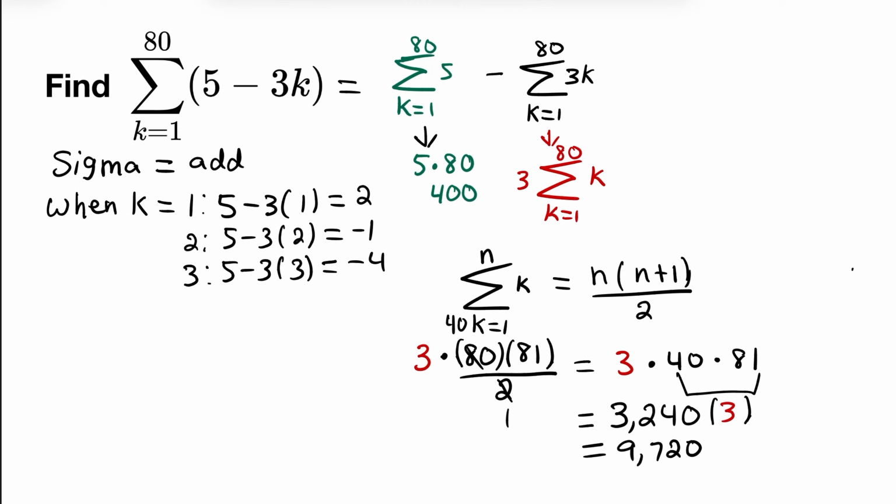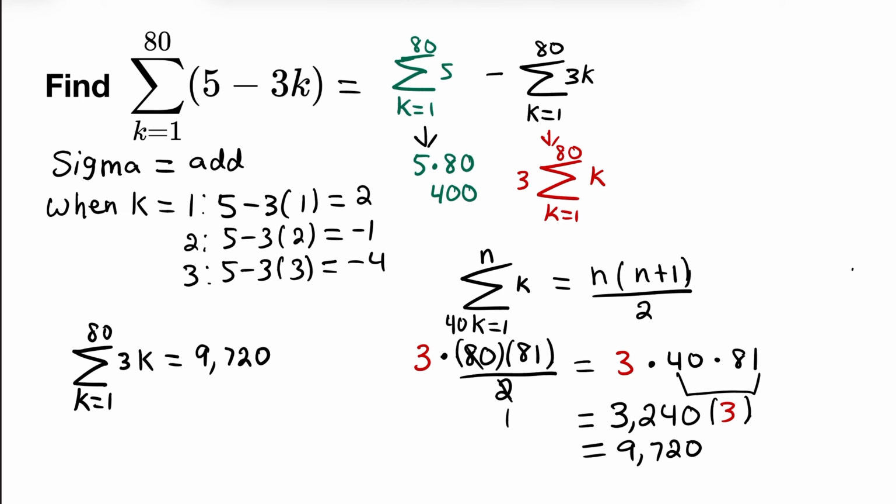All right, and so what this means is that the sum of 3k, with k equals 1 and 80 on the top, is equal to 9,720. All right, and so we're not finished here yet.